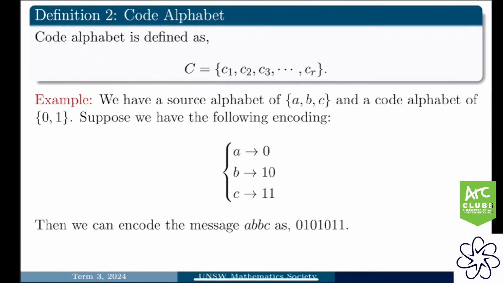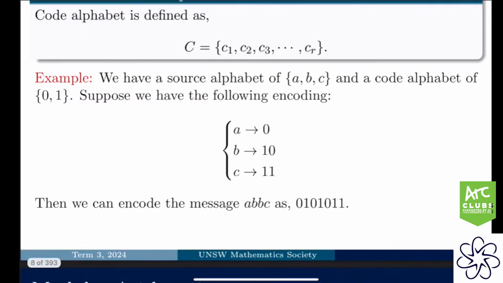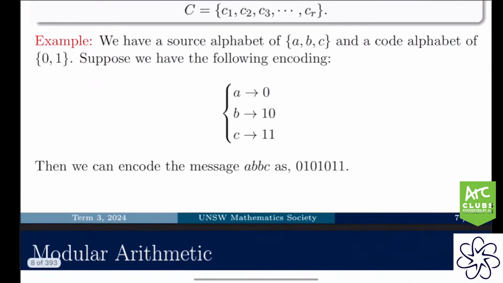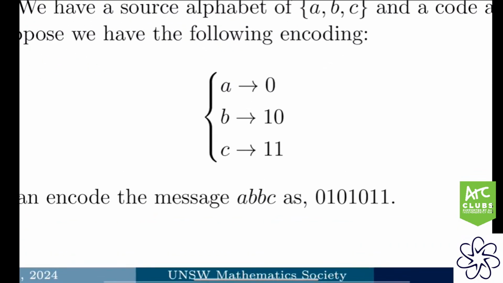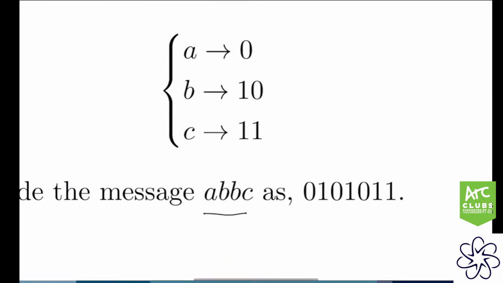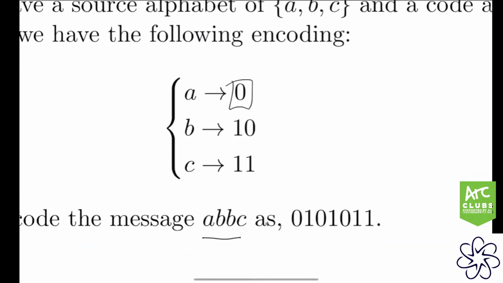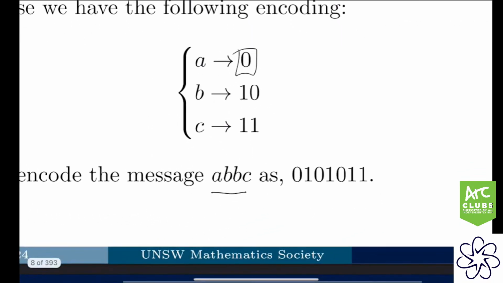So we say A maps to 0, B maps to 10, C maps to 11. Using this, we can now encode and decode messages. If we have an original message A, B, B, C, we replace each letter with its encoding, and that will form our new code word. So A goes to 0, then B goes to 10, 10, and C goes to 11.